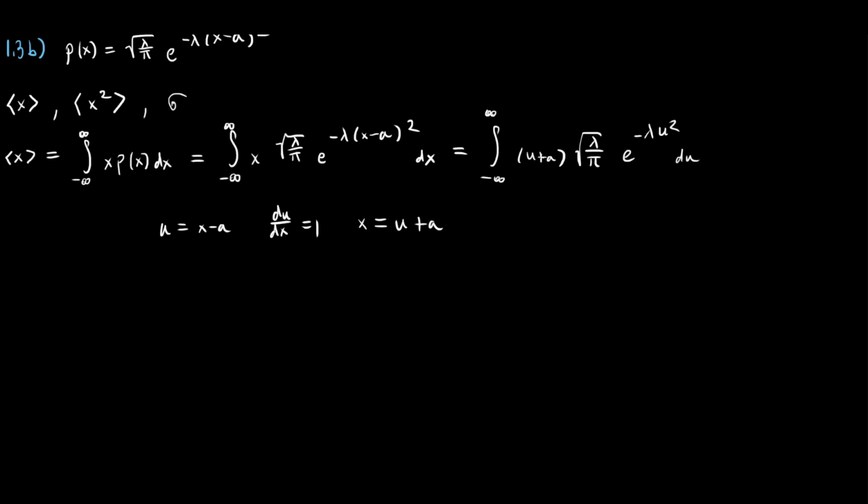The next thing we'll do is split this integral into two, and we do that by distributing this here into u and then a. And we will also pull out this constant, the square root of lambda over pi.